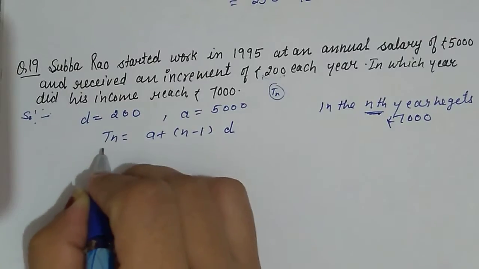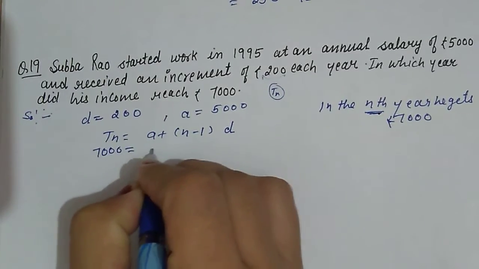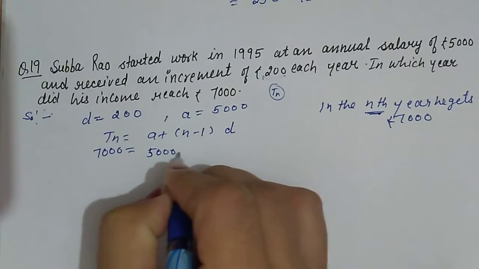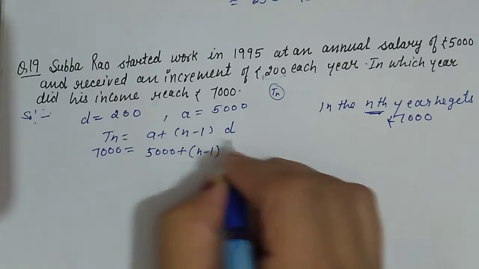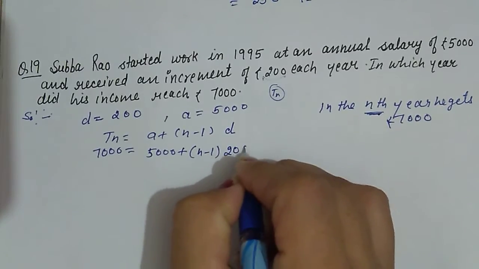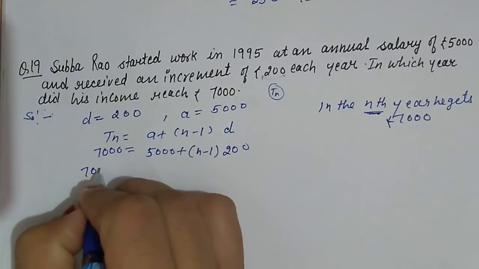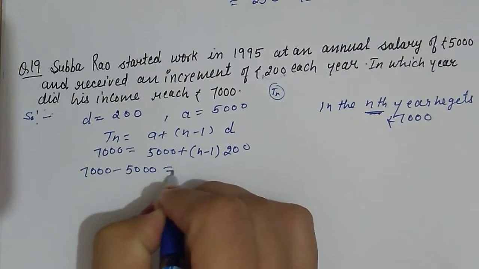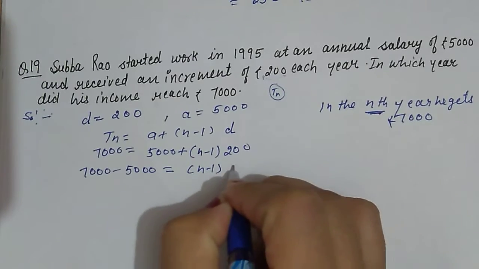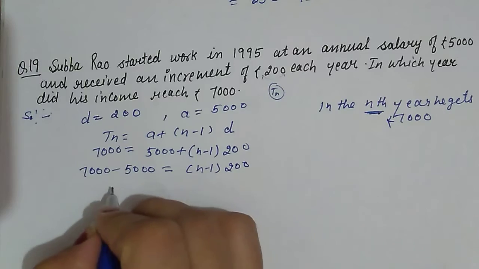Now Tn is equal to 7,000, A is equal to 5,000, n we have to find, and D is equal to 200.